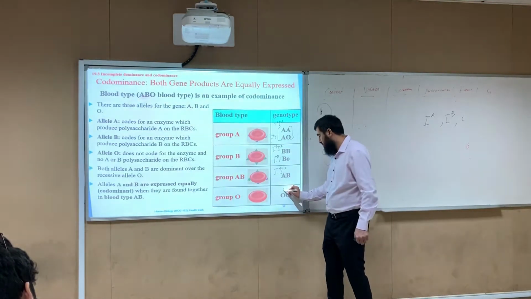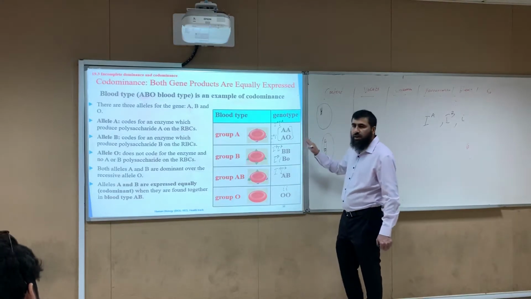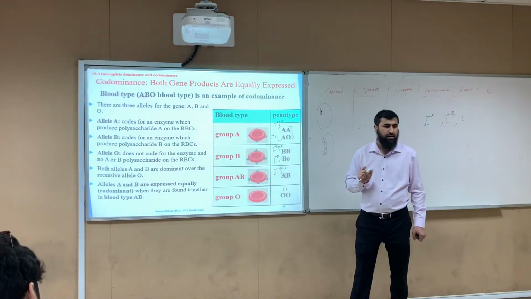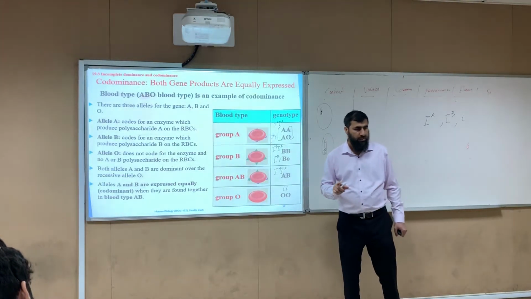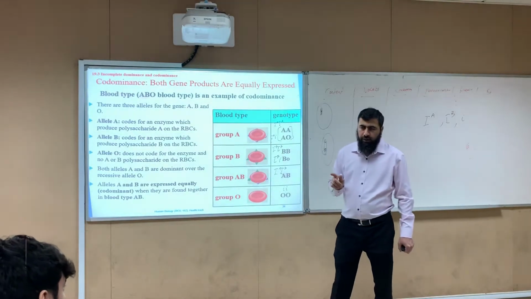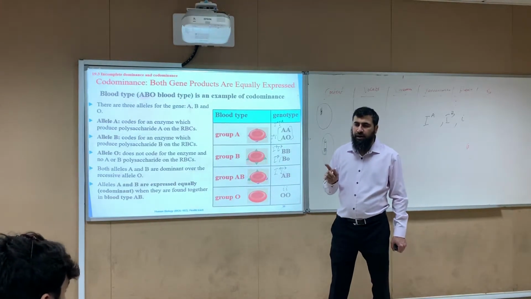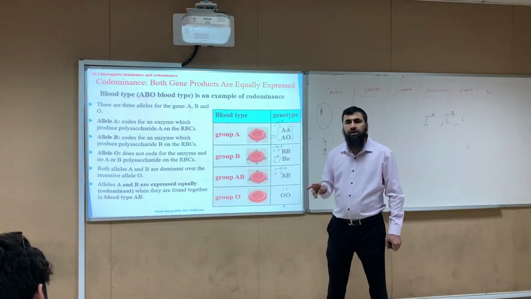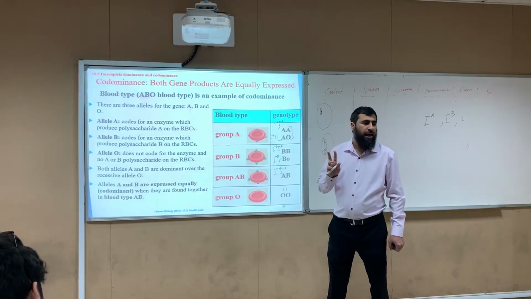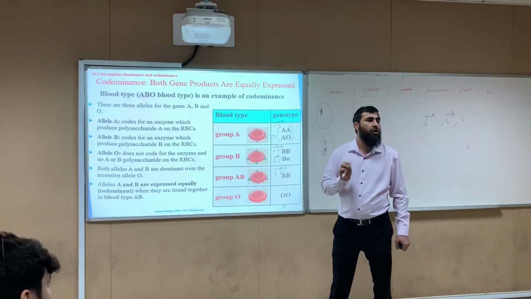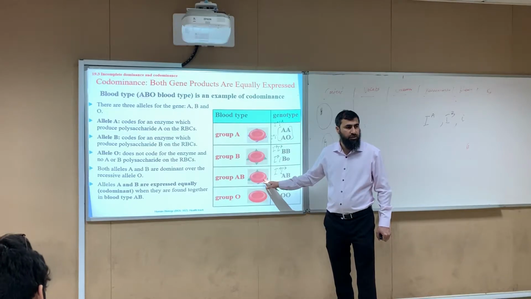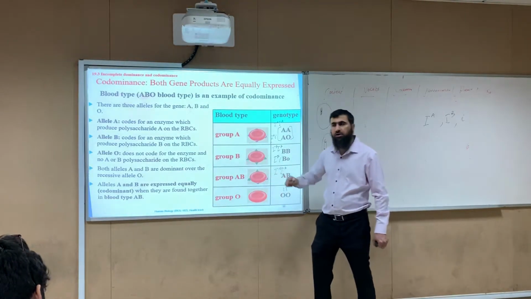So A and B are dominant over O, okay? But when you get A and B together, you get codominance, equal expression of both antigens on the surface. So this is codominance.